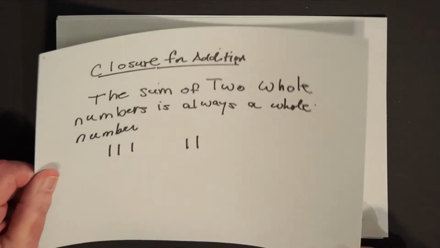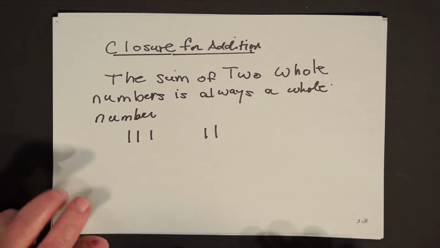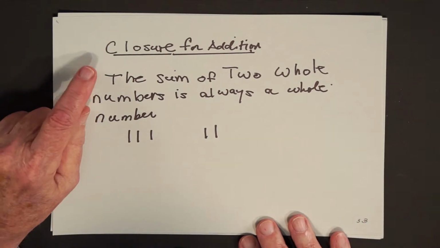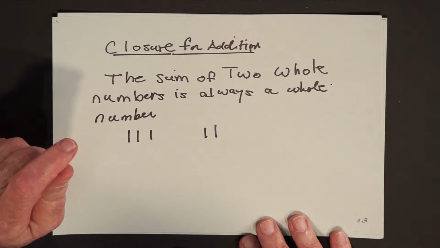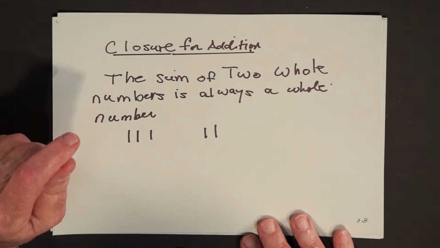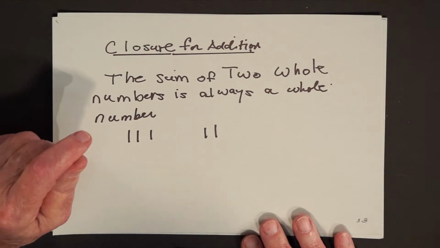So let's state the rules as they come up. The first rule is called the closure property for addition. And it says the sum of two whole numbers is always a whole number. Now that may sound a little bit simplistic, like apples plus apples give you apples. Remember, we saw in our previous lesson that an odd number plus an odd number was an even number.